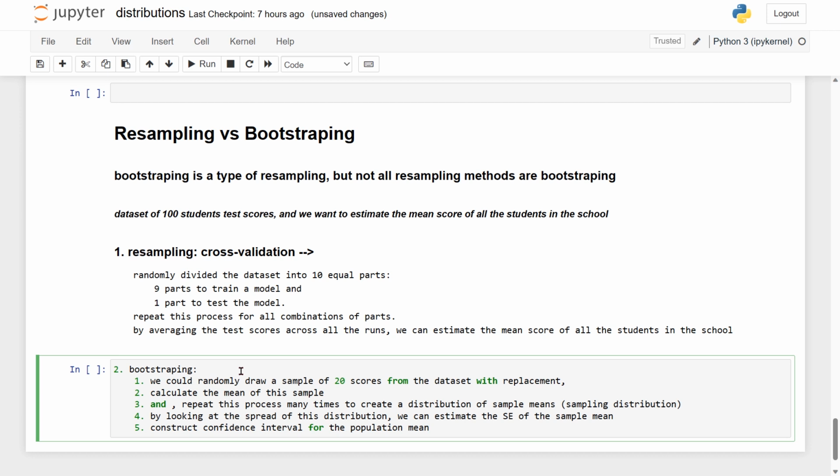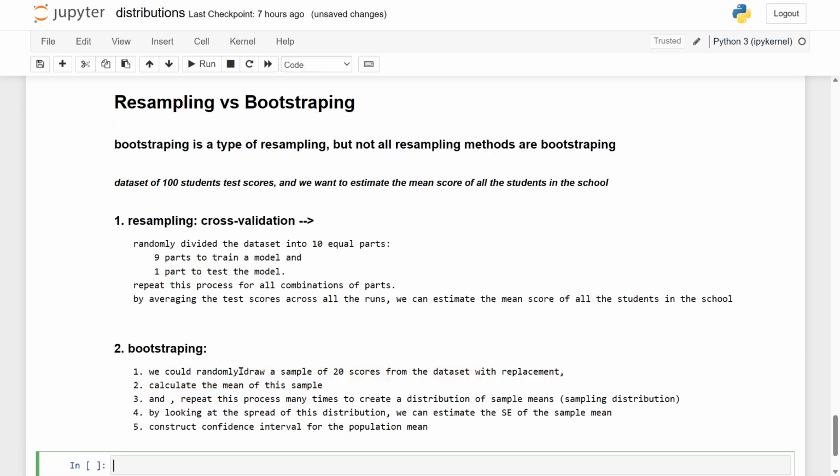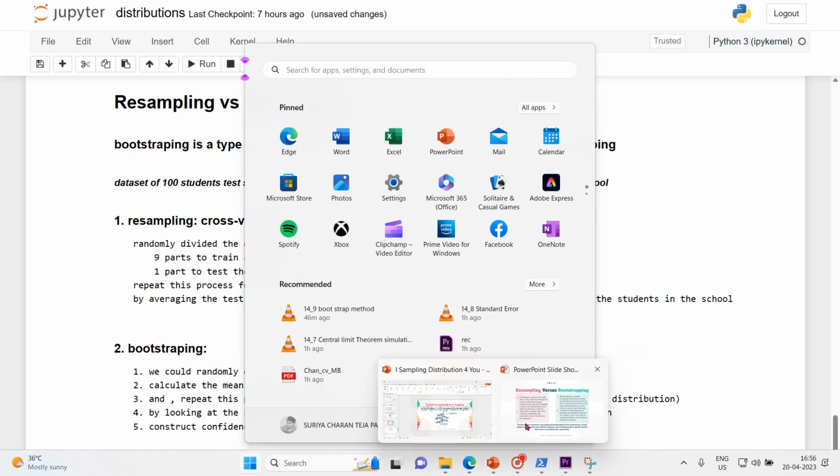So in this example, cross validation is a type of resampling method that involves splitting data into multiple parts to estimate the mean score, while bootstrapping is a specific resampling method that involves drawing many bootstrap samples to estimate the standard error of the mean score. That's the difference.